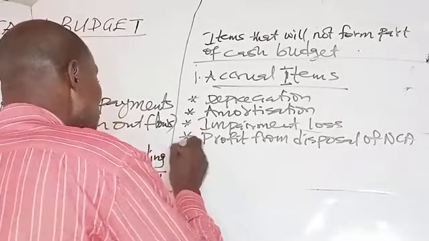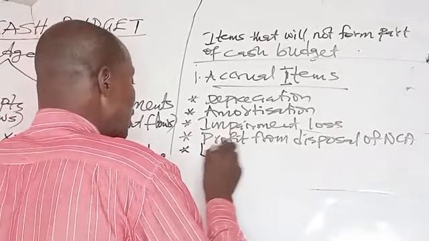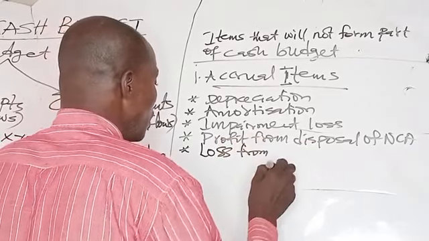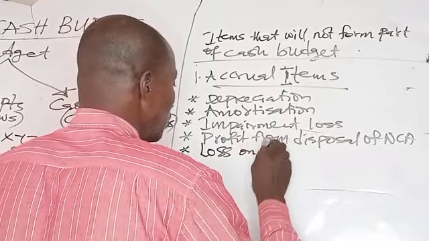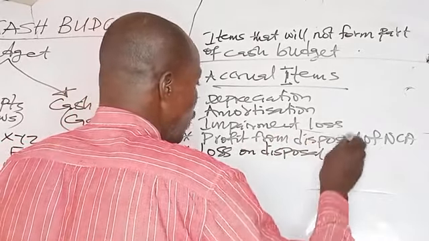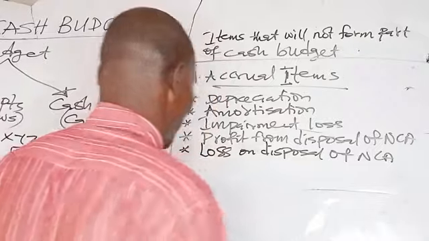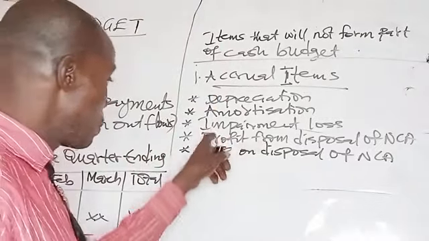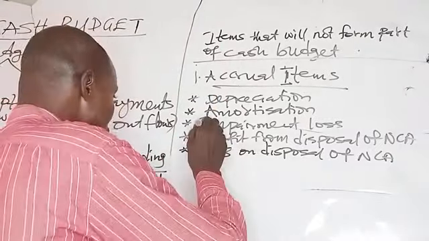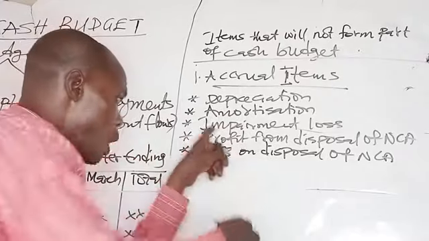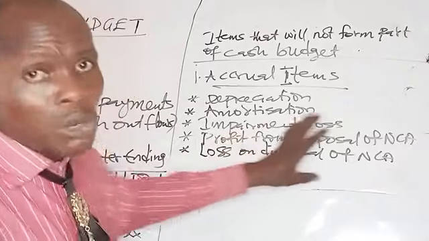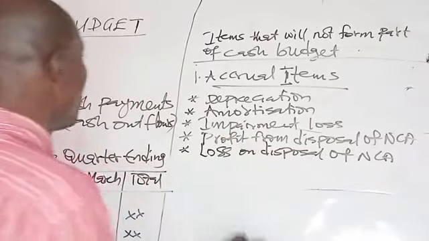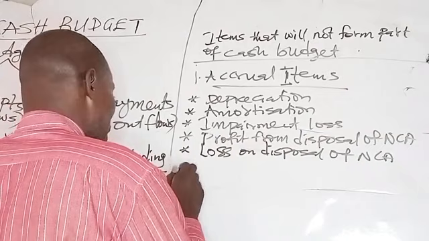Then loss on disposal of non-current assets. The same thing applicable to profit applies to loss. So I want you to take note of that. All these accrual items should not be recorded into the cash budget.